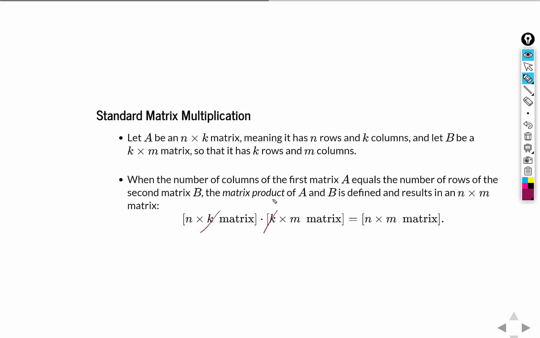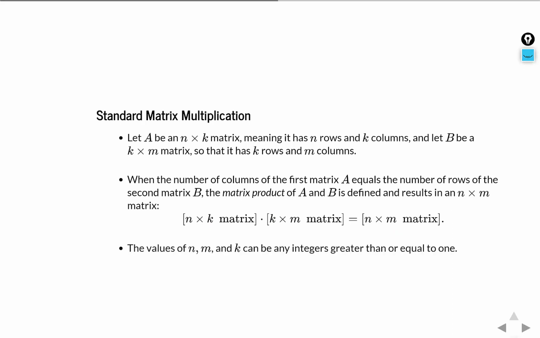That's why the number of columns in A must be the same as the number of rows in B. And by summing over the common index, the result is an n by m matrix. The values of n, m, and k must be integers greater than or equal to 1.